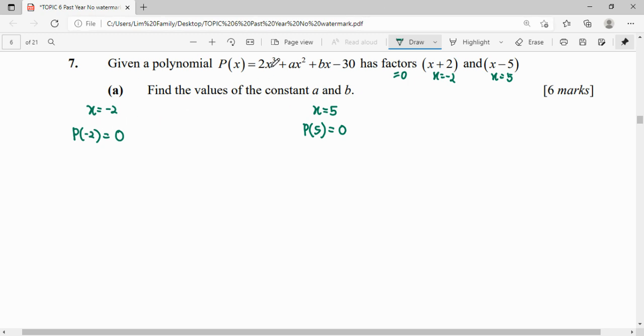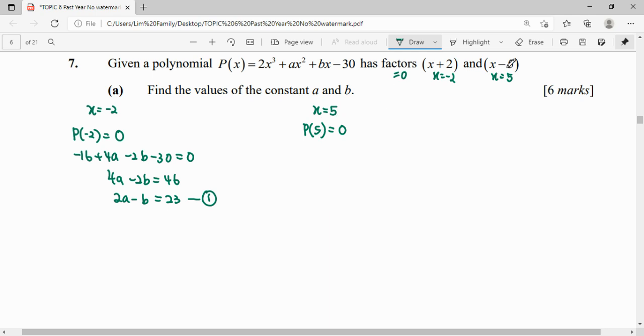So substitute negative 2 here, it will give us negative 16, and then 4a minus 2b minus 30, which is equal to 0. We simplify this equation. So this is our first equation.